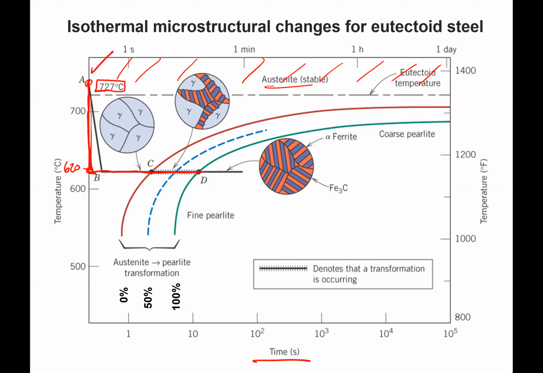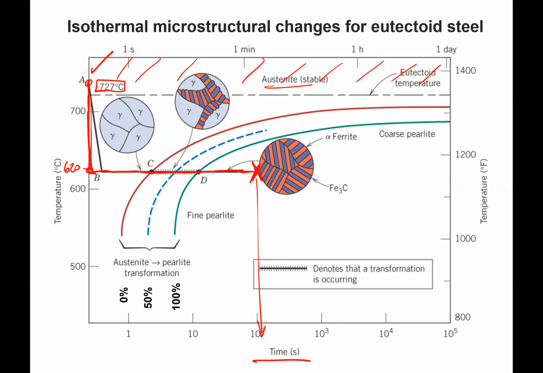So there's my time axis now moving along. And we held until we got to 100 seconds. And so that would be this point here. And then after that point, we can't stay there, otherwise we'd still be holding. So we're going to drop then down to room temperature. So that's what my process would look like on this plot, on this curve.